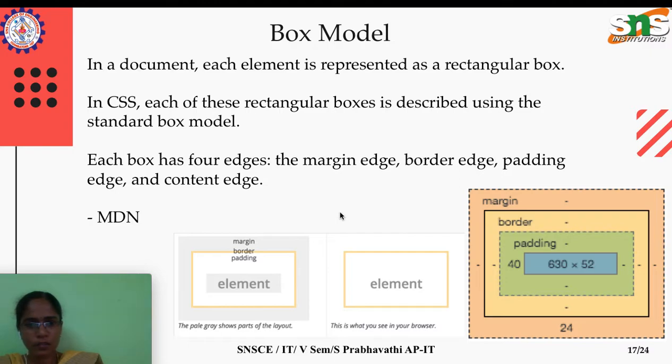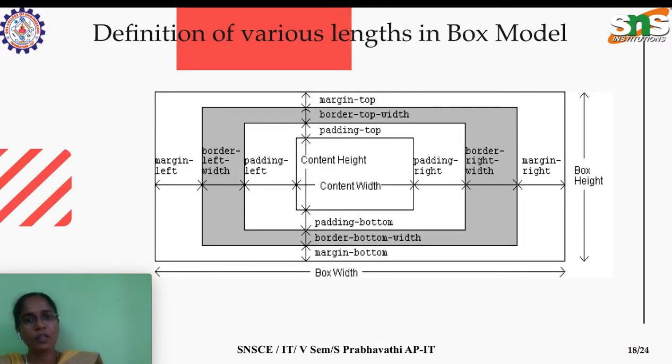Here I am going to give a detailed explanation of the four edges. The center part, the core part, is the content. Surrounding the content we have the padding, the space between the border and the content. We have padding-top, and we can modify the values using the property called padding-top, then padding-right, padding-bottom, padding-left.